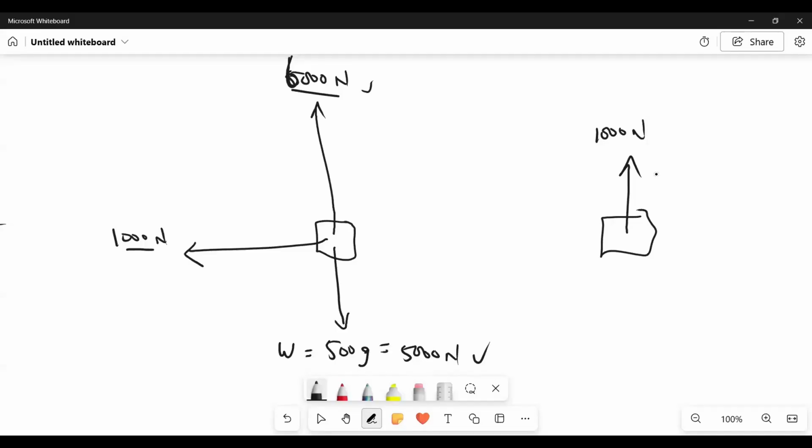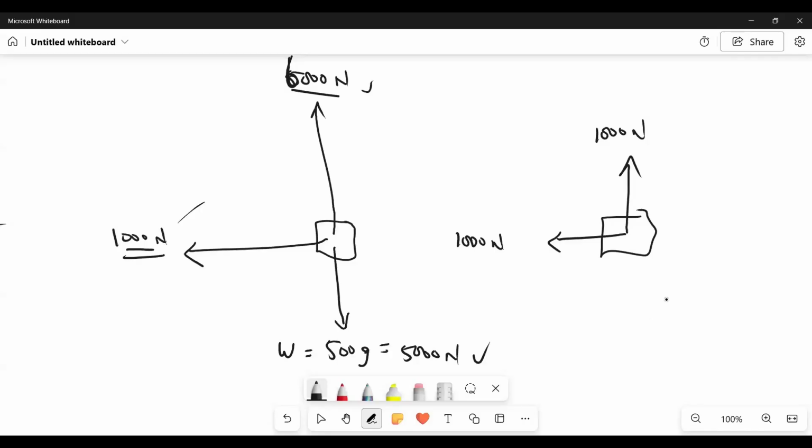If the weight of the object is 5,000 Newtons acting down, and one of the cables on this excavator is exerting 6,000 Newtons, then the net lifting force is going to be 1,000 Newtons up. That's all? Yes, sir. Good. But don't forget, it also has another cable pulling it this way, right? 1,000 Newtons is acting this way.